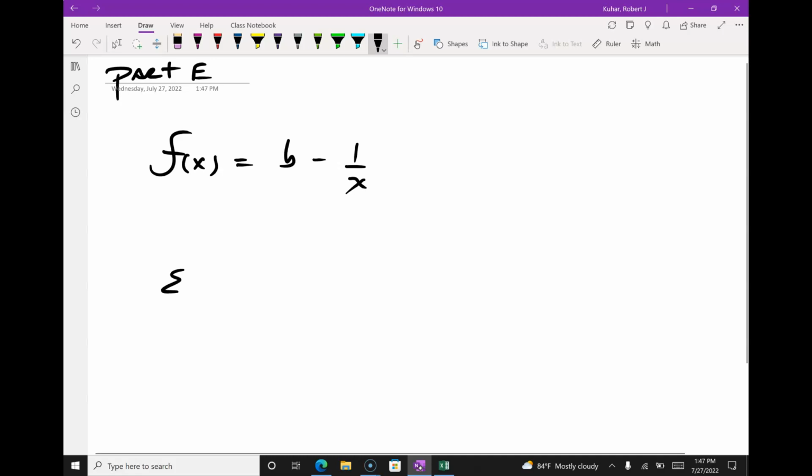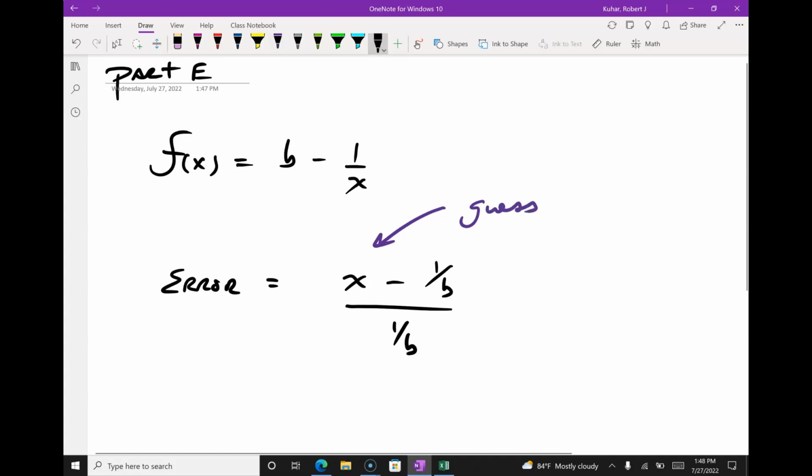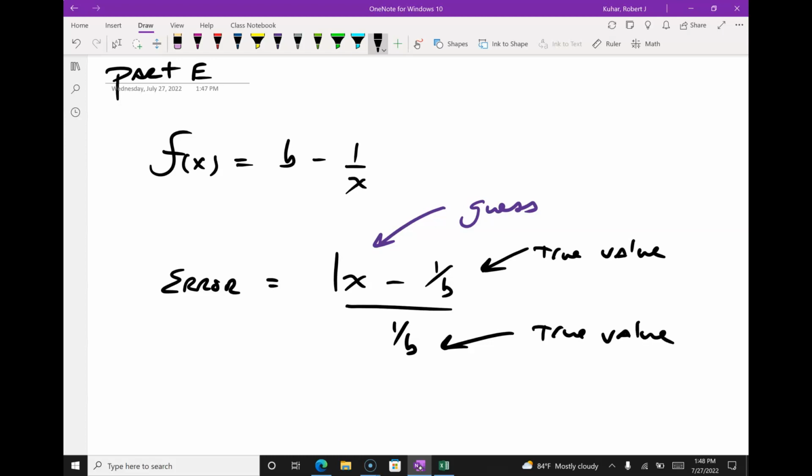So error is your guess minus the actual over the actual. And it's in absolute value.